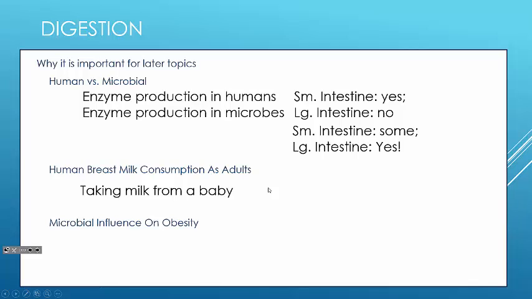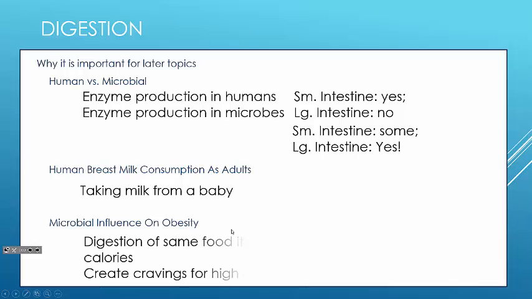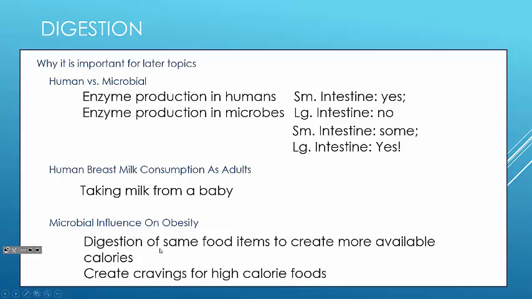That's me. So let's talk about the microbial influence on obesity. So far, we have found that there are two things that are influencing this as far as the microbes. There are microbes that are digesting the same food items to create more available calories, that if those microbes are not in an individual, or if they're in lower numbers, that individual has access to fewer calories.